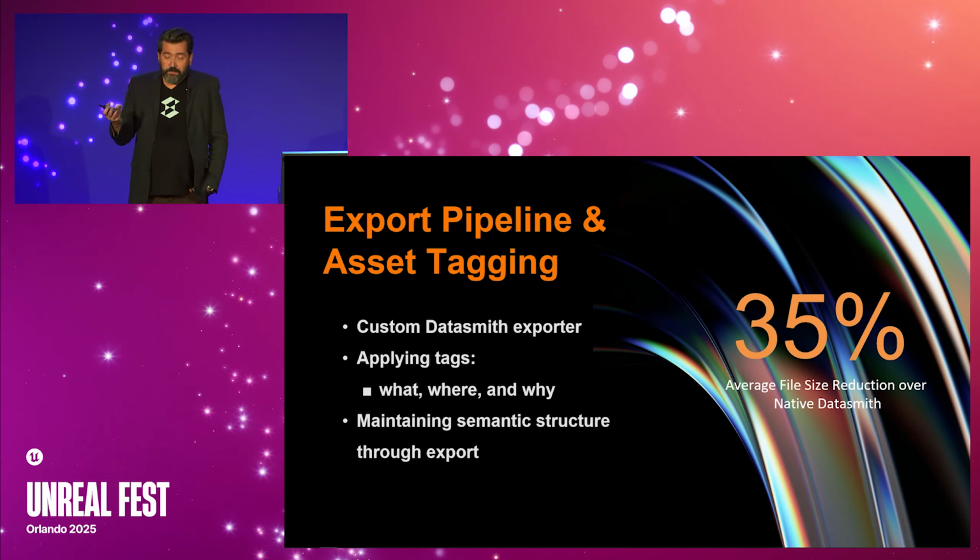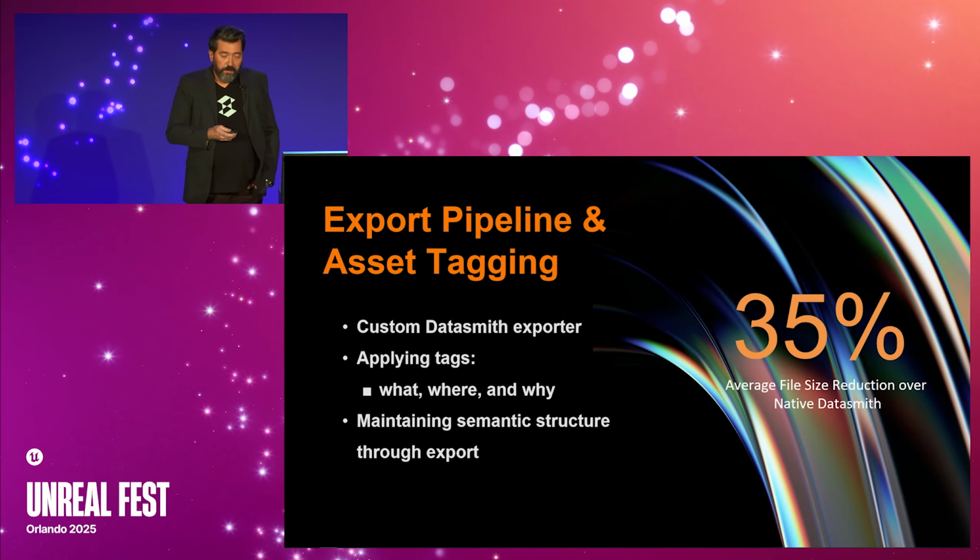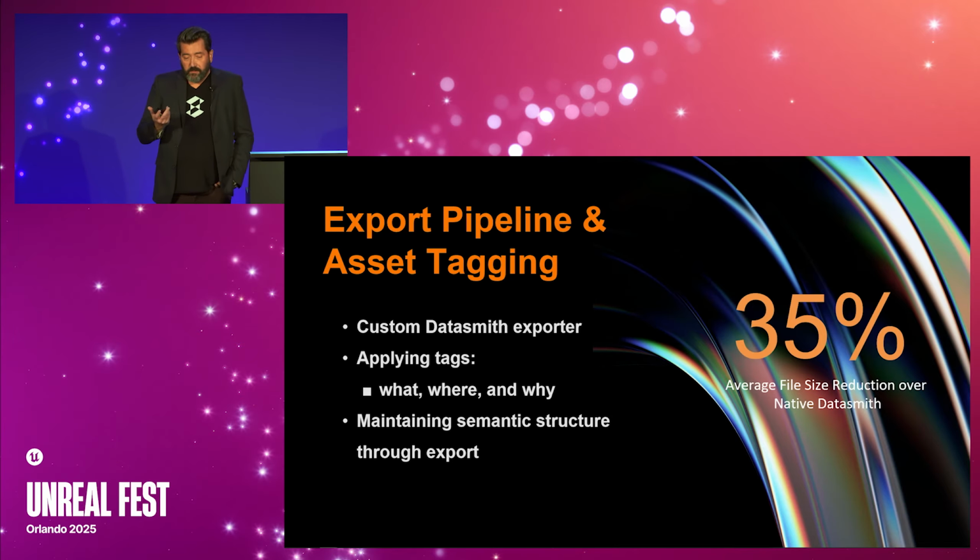With this export pipeline and this asset tagging, we've really been able to reduce total average file size for everything by about 35% over native Datasmith. And again, the types of tags we are applying are: what is it? Where does it need to go? And why? And really maintaining that semantic structure throughout the export process so we can handle things later.